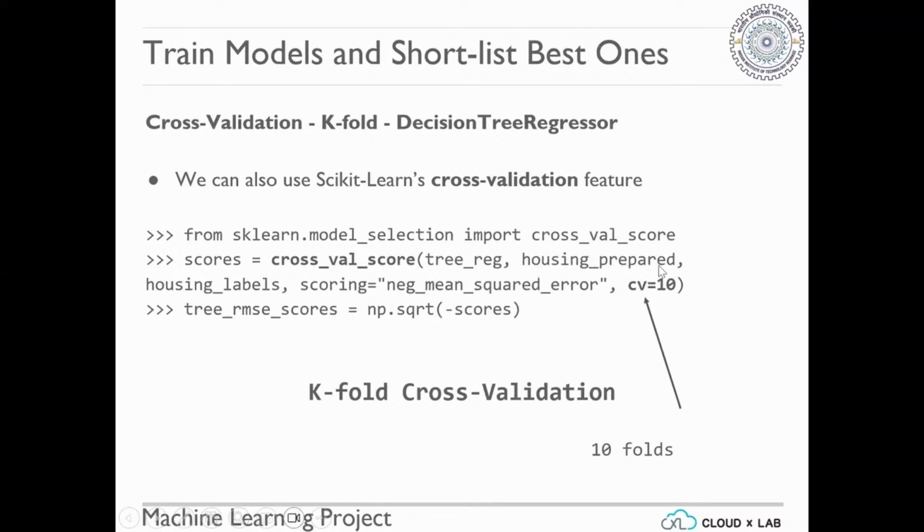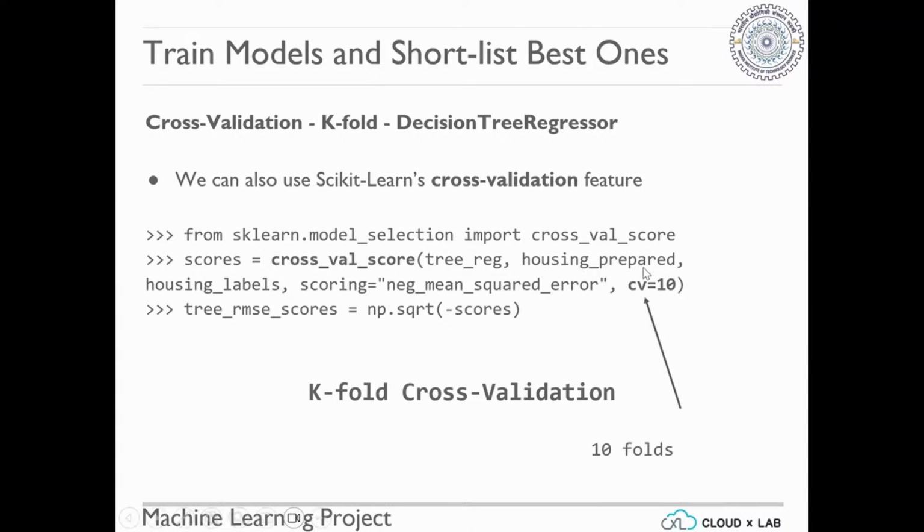But here housing_prepared contains only the training data, and this is the corresponding output label. Are you getting my point? So it will do 10 such divisions, because here we are writing CV is equal to 10. It will divide only the housing_prepared data and will not touch anything on the housing_labels.